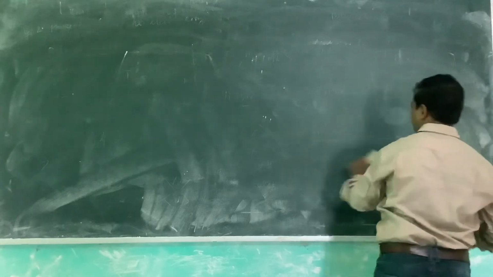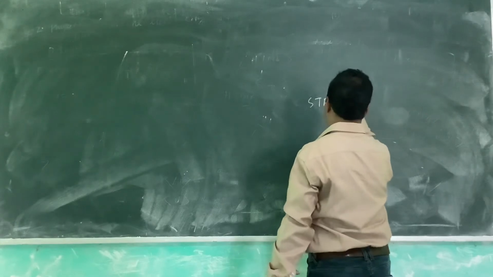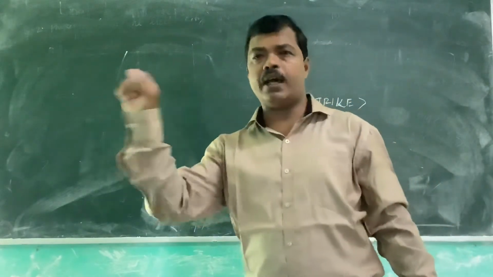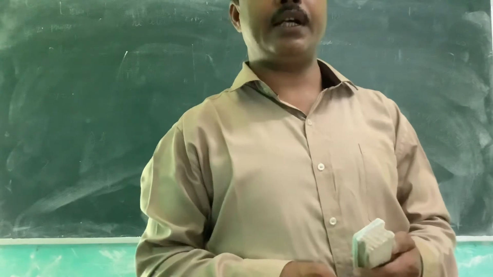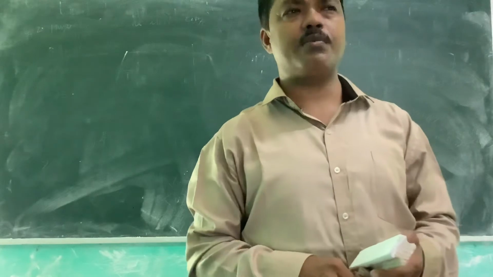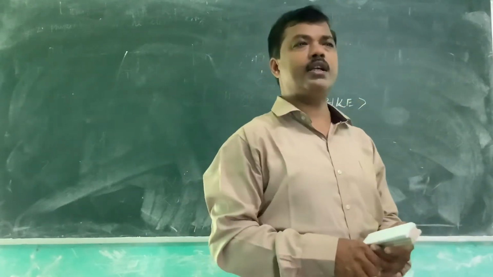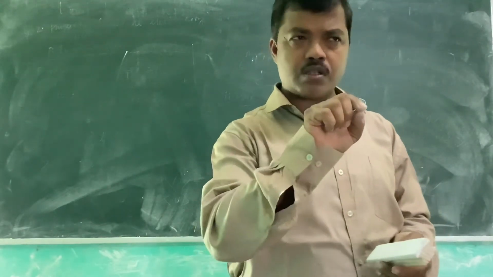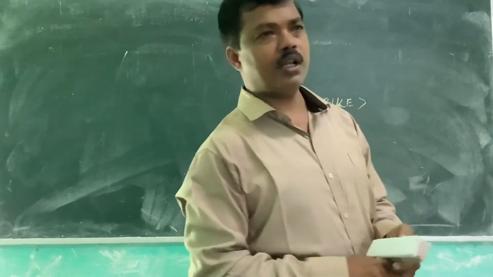Another one is strike. Strike tag. Strike means a horizontal line will appear in the middle of the written text. Suppose just like you write some sentences in your copy and then decide to strike them off, then in the middle of the sentence you draw a horizontal line.